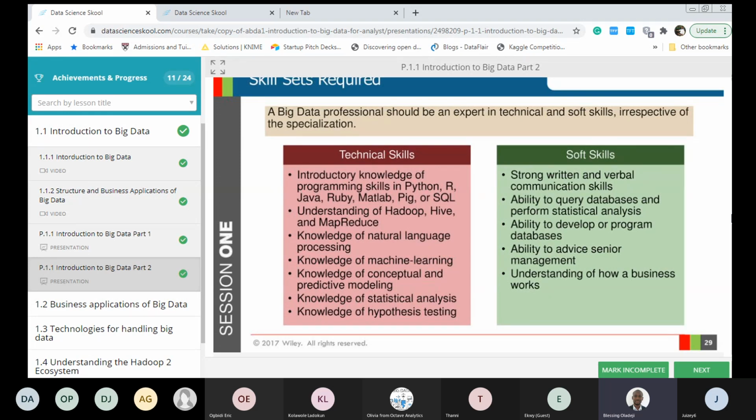And this is extremely important for any data scientist, data analyst, or even a data engineer at the back end: understand how the business works. If you are a data scientist with a bank, by the time you move into a telco space, I can tell you, you might be lost.